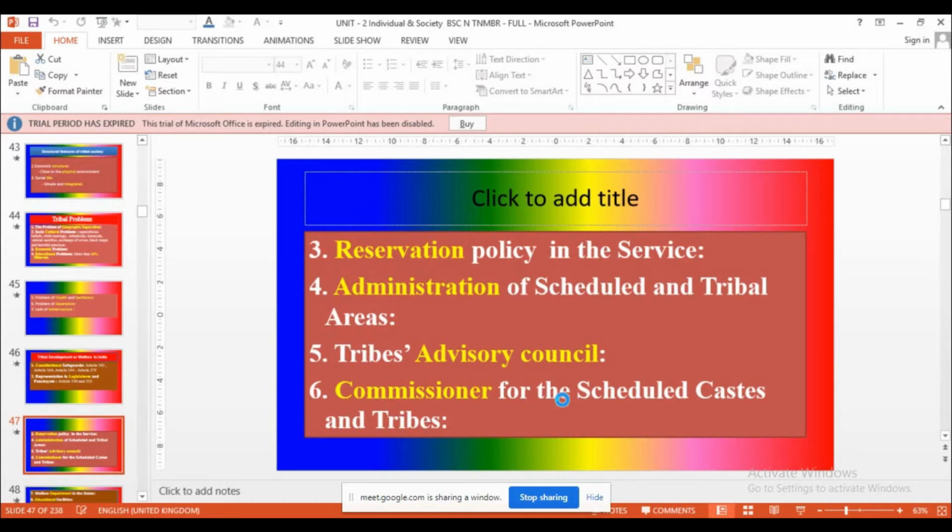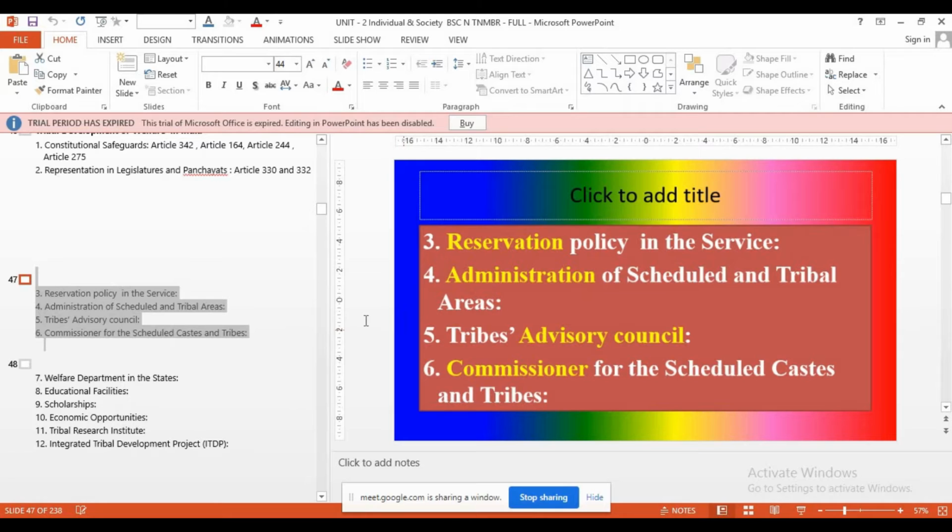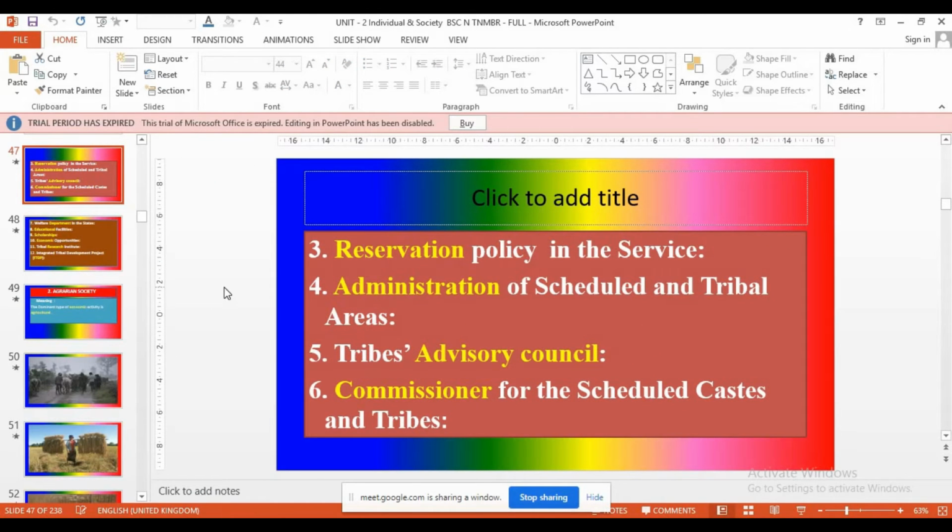It is a council that provides advice to the government regarding tribal people and their conditions. So every year and from time to time the council advises the government and formulates programs to promote the welfare of tribal people.